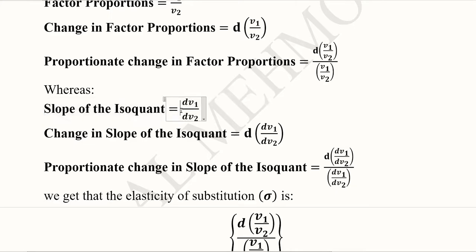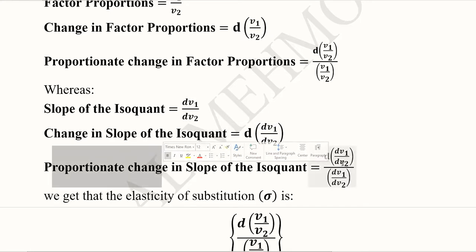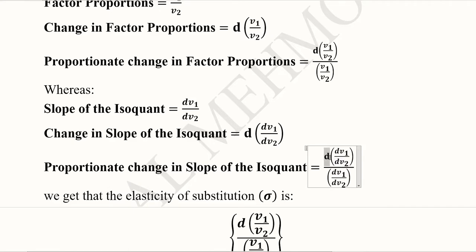So primarily we write the formula of slope of isoquant, that is rate of change of one variable due to the other variable, that is V1 and V2. When we want to calculate the change in it, we introduce the differential, and the differential of this rate of change will be here. This is change and this is slope of isoquant, and proportionate change is this, that is the differential of the slope of isoquant divided by the slope of isoquant.